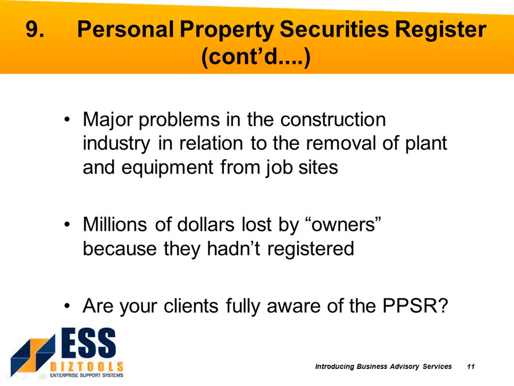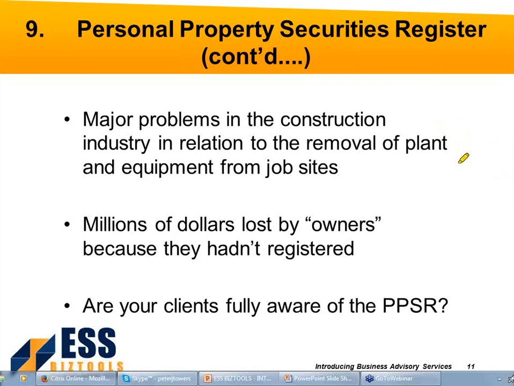There's been some major problems in the construction industry whereby subcontractors have had extreme difficulty in being able to remove plant and equipment, scaffolding, formwork, tools from a construction site when the builder has got into financial difficulties and a liquidator has been appointed. In many instances, it would appear, from what I've been able to read in the media, that the small business operator had not appropriately protected himself or herself under the Personal Property Securities Register.